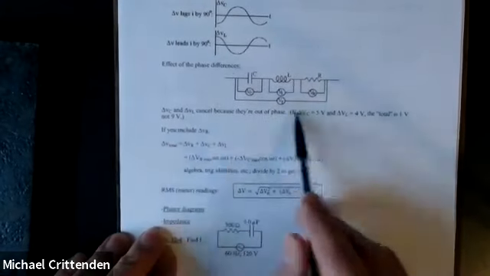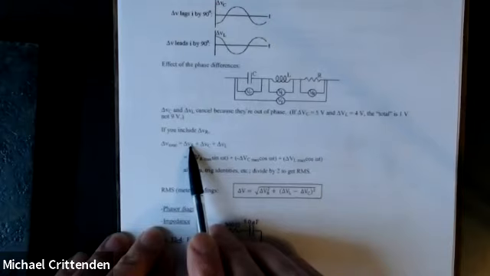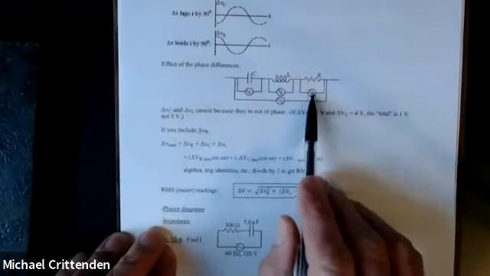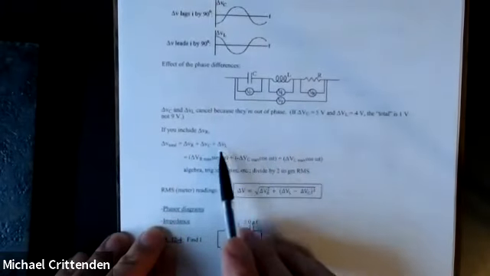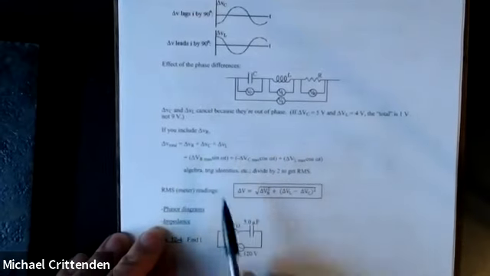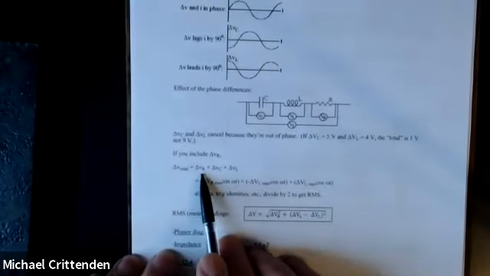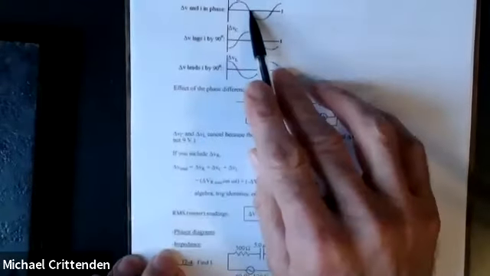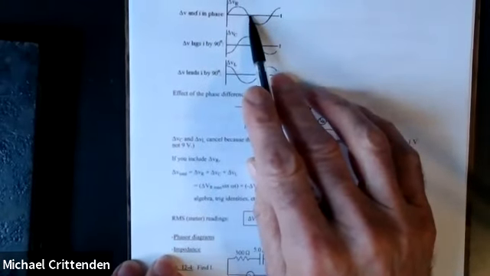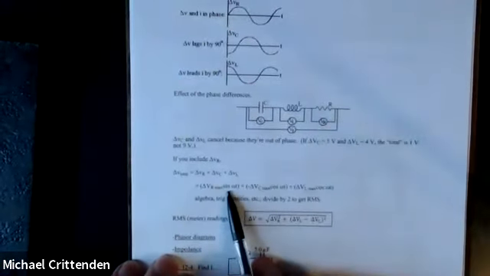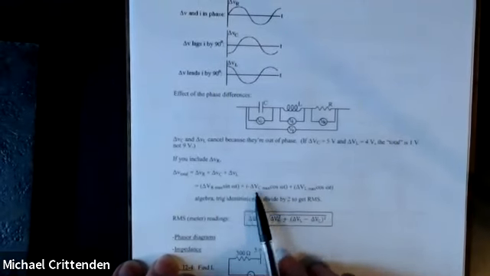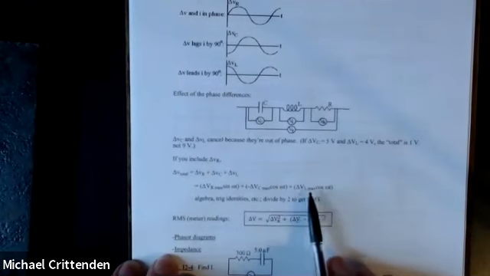So the total across the whole group is the voltage across the resistor plus the voltage across the capacitor plus the voltage across the inductor. You add them all up. The voltage across the resistor, like it shows in the picture, is a sine. The voltage across the capacitor is a negative cosine, and the voltage across the inductor is a positive cosine.